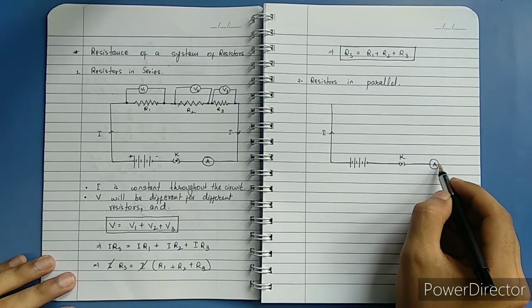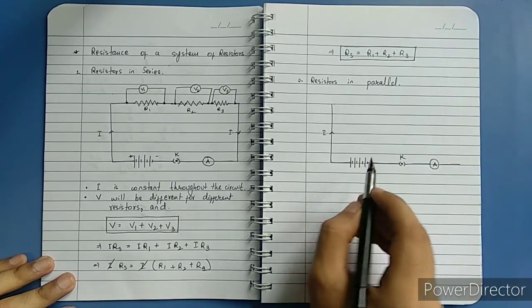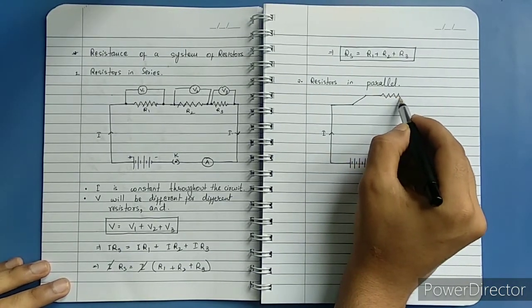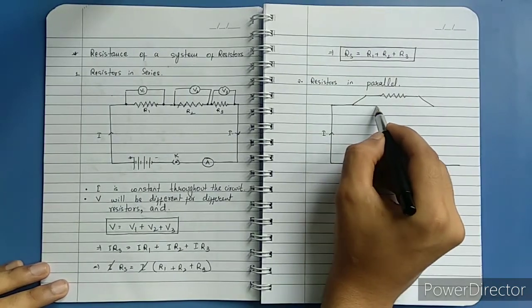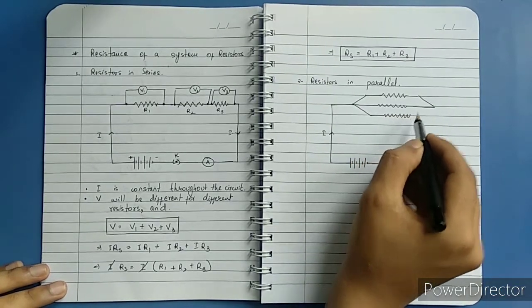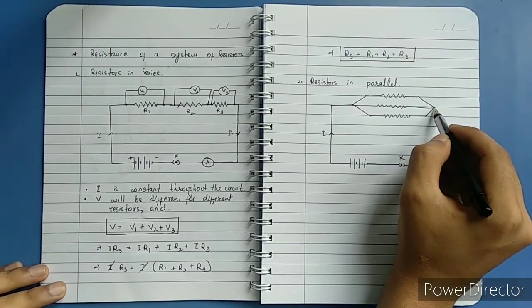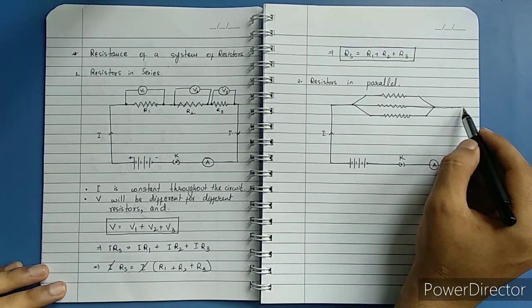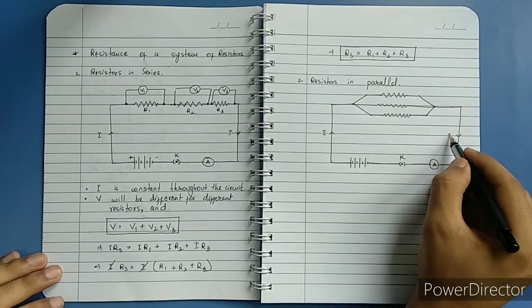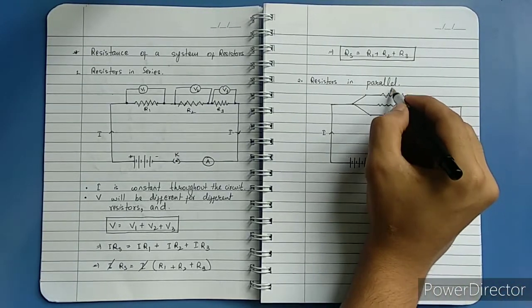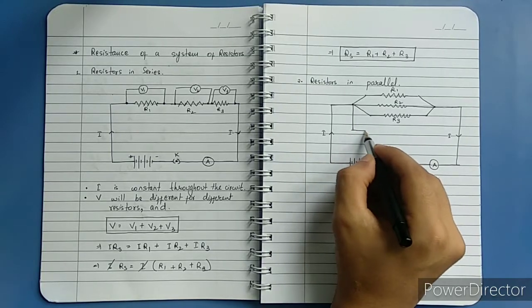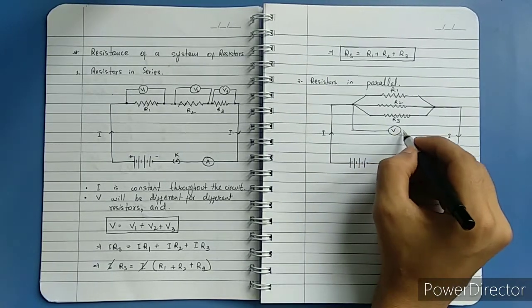This A denotes the ammeter. Resistance 1, resistance 2, resistance 3, and the potential across these 2 points is V.